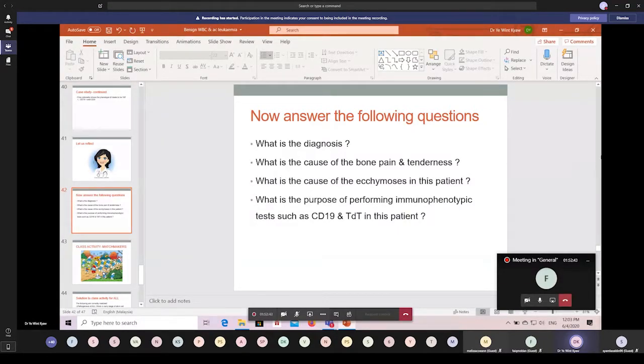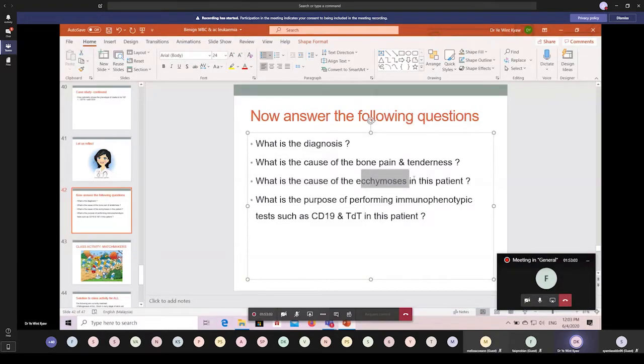What is the cause of ecchymosis in this patient? What is the purpose of CD19, CD3 and TdT in this patient?